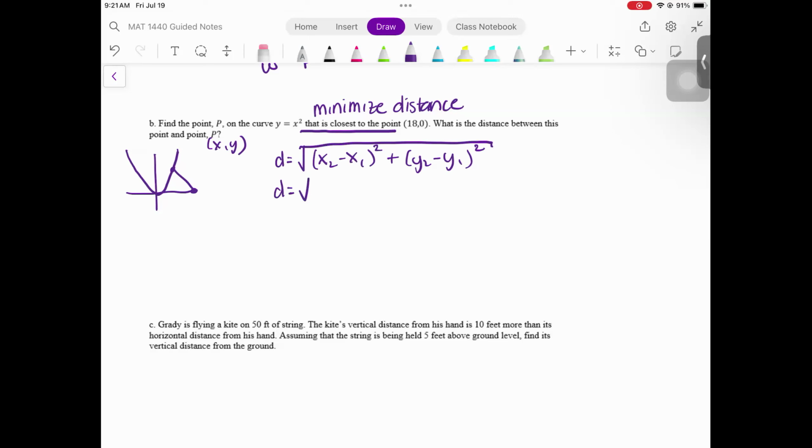Thinking about those two points, (18, 0) and (x, y), this is going to be the square root of 18 minus x squared plus 0 minus y squared. I'm going to leave that 18 minus x squared just the way it is. But I'm going to simplify the next one because 0 minus y is negative y, and if I square that, I just end up with y squared.